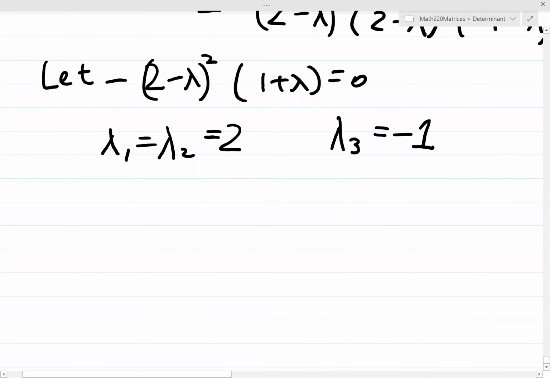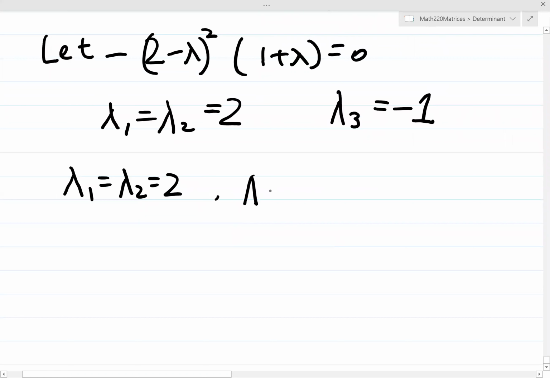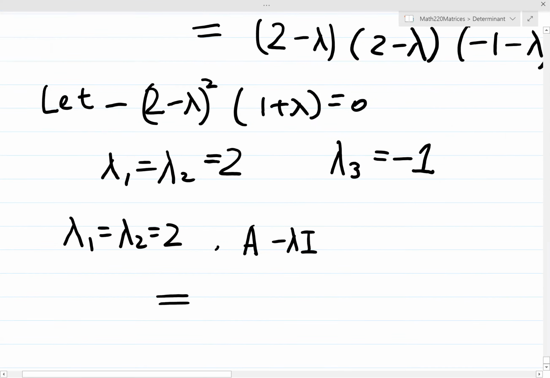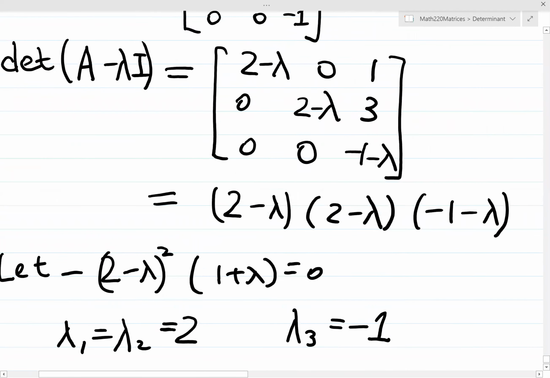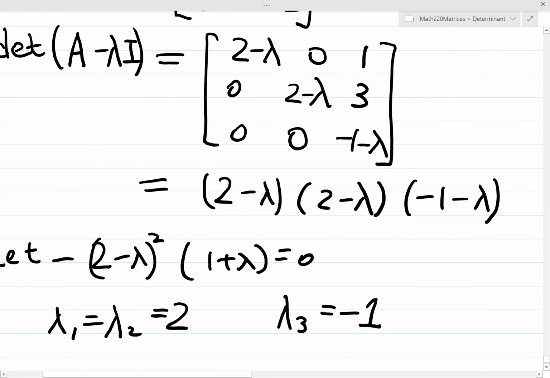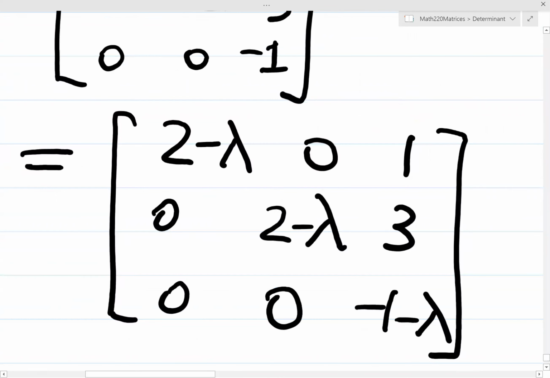Now for lambda 1 equal to lambda 2 equal to 2, consider A minus lambda I. If lambda is 2, then 2 minus 2 is 0, so we have a lot of zeros in this matrix.